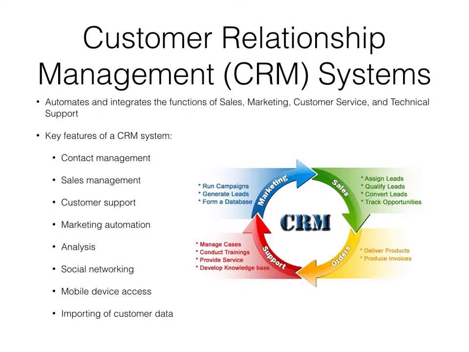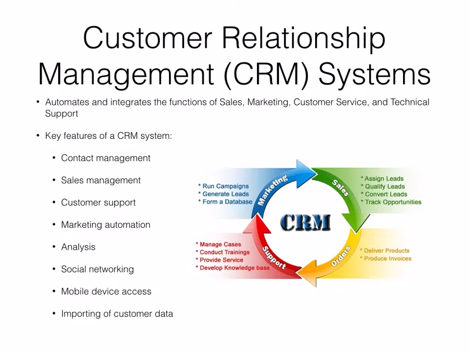But the key features of a CRM are automated contact management, sales management, customer support, marketing automation functions for campaigns and things like that, data analysis about your customers, integration with social networking, and integration with mobile device access.